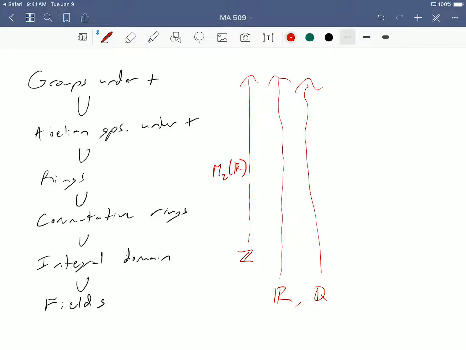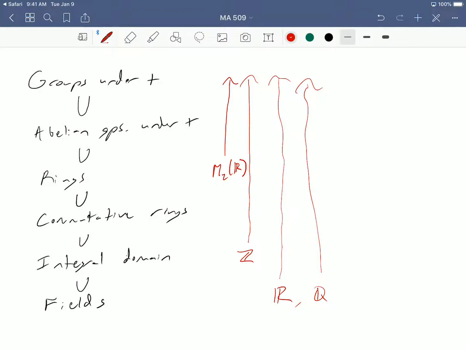The set of 2 by 2 matrices formed a ring, which meant they were an abelian group under addition, and they were groups under addition, but they were not commutative rings. They also are not integral domains because they are neither commutative under multiplication, nor are they free of zero divisors.